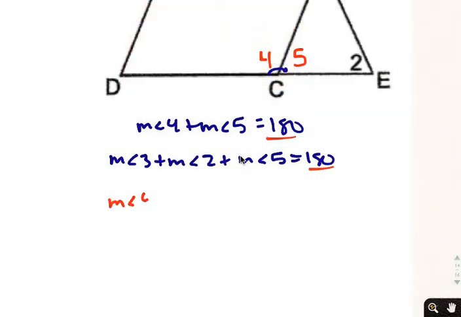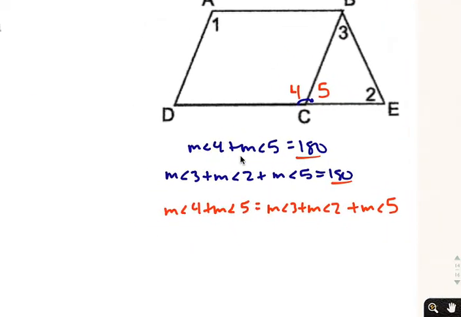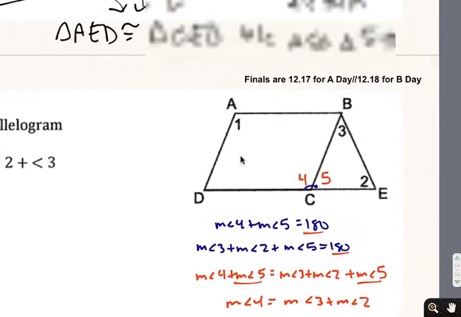So the measure of angle 4 plus the measure of angle 5 is equal to the measure of angle 3 plus the measure of angle 2 plus the measure of angle 5. Then, if I notice I have angle 5 on both sides, the measure of angle 4 is equal to the measure of angle 3 plus the measure of angle 2, which gets me pretty close to what I wanted.